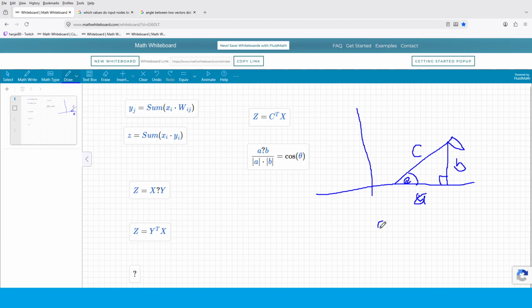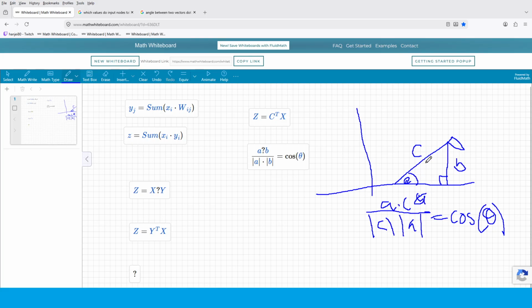We know the length of C, we know the length of A, we do A dot C, this equals cos theta, because adjacent over hypotenuse equals cosine theta.